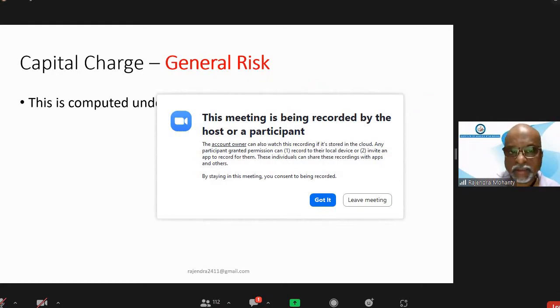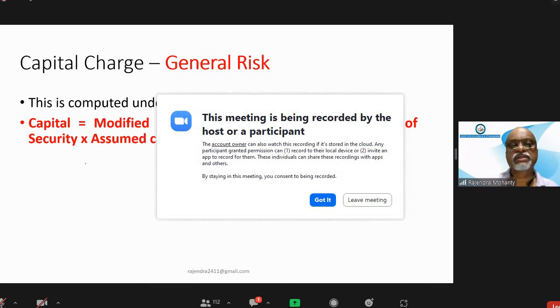Now, what is the calculation? The calculation of capital is the modified duration of the security. If the modified duration is given, that's fine. Otherwise, if the Macaulay duration is given, you have to find the modified duration, multiplied by the current market value of the security, multiplied by the assumed change in the yield.